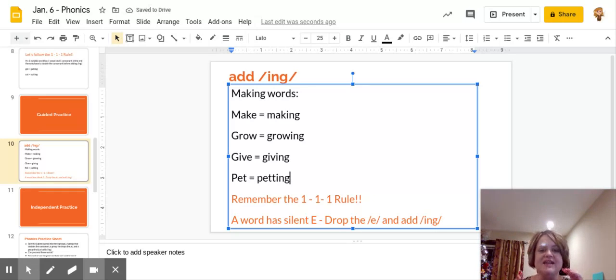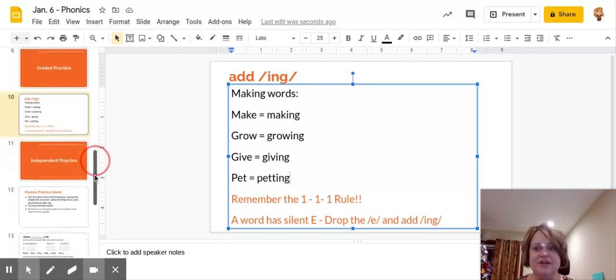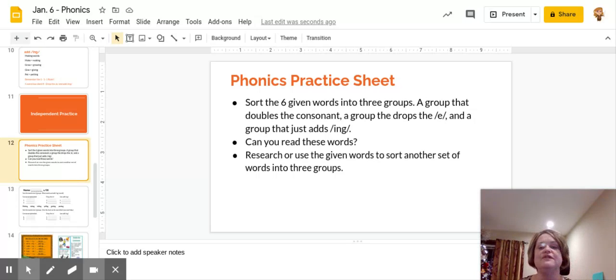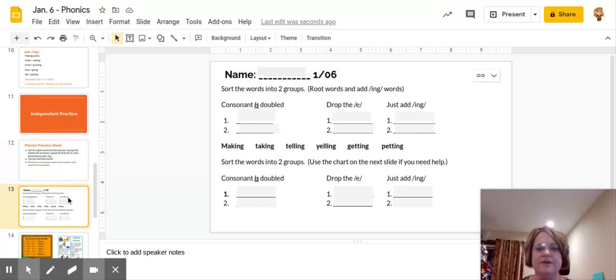All right, so that is all of the rules for ing kind of stuck together. So today we're going to throw all those together in your independent practice just to see if you have it. So the first thing you're going to do is sort the 6 given words into 3 groups. So here we go. We have 6 words.